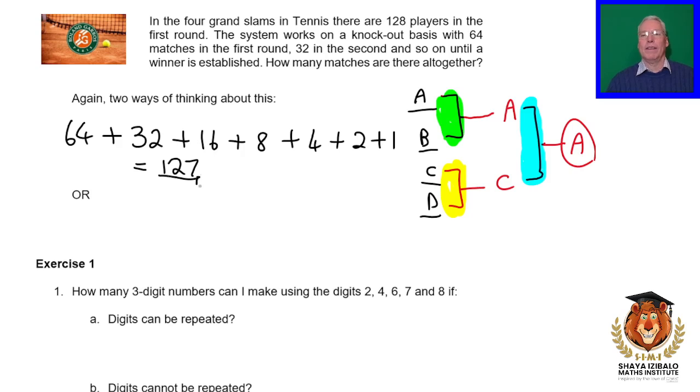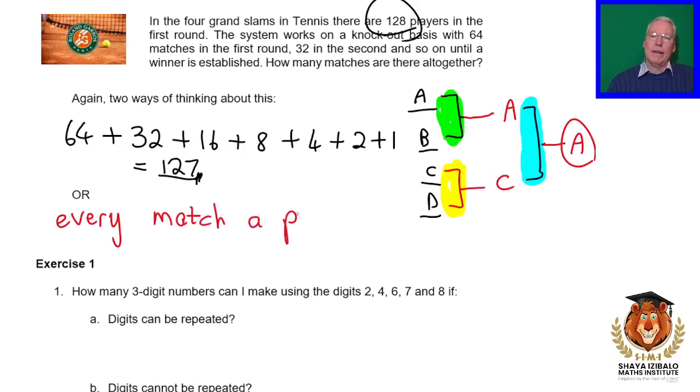Now, I want you to think about this, because here's a much easier way of thinking about it. With 4 players, we ended up with 3 matches. With 128 players, we ended up with 127 matches. And it's fairly obvious, if we stop and think, that 127 is the correct answer, because every match, a player gets knocked out.